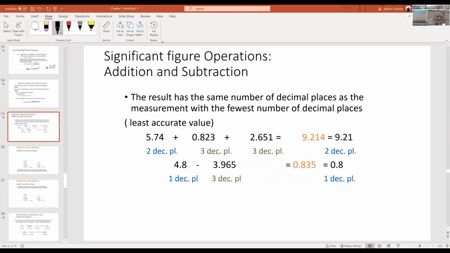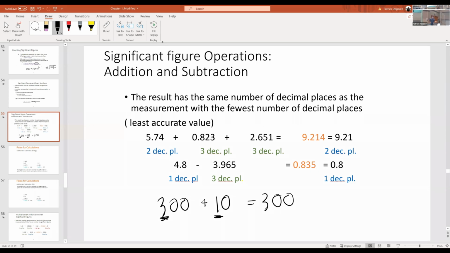Now let's do a tricky one. What if we had 300 plus 10? What would 300 plus 10 be in the rules of sig figs? Yeah, 300. It's weird, right? But it's 300. The reason is that the 10 is only significant to the tens place, and the 300 is only significant to the hundreds place.